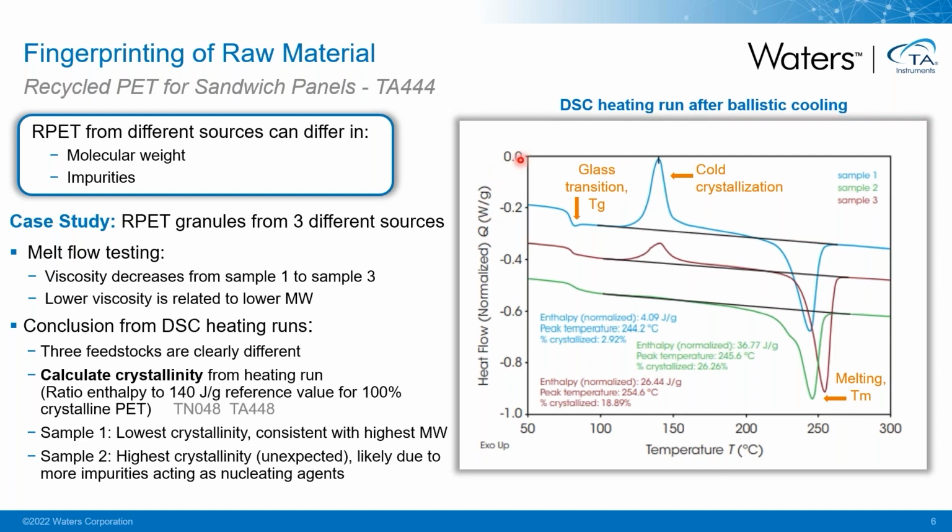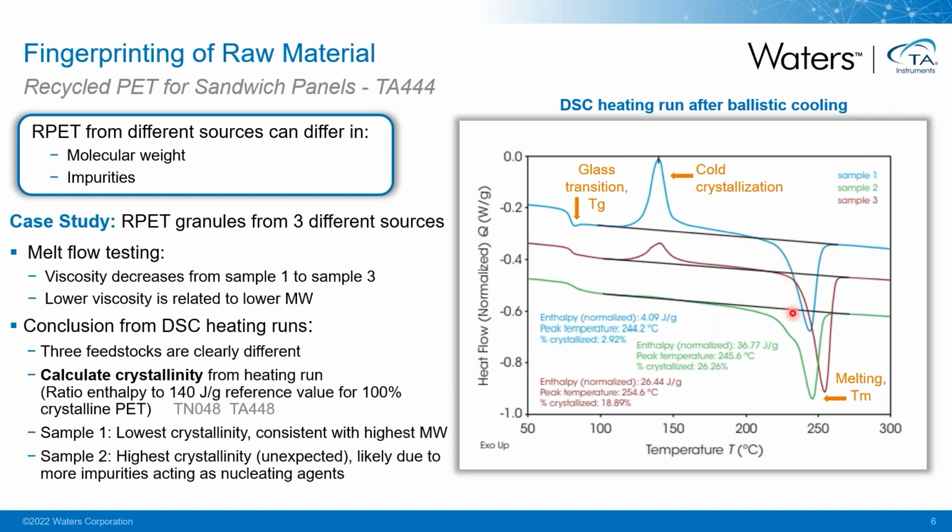In a DSC thermogram, we will be looking at the heat flow measured as a function of temperature. And we will detect endothermic phenomena as downward phenomena. You can see here, first of all, at the lowest temperature, a step in the heat flow, and this is associated with the glass transition of the material.